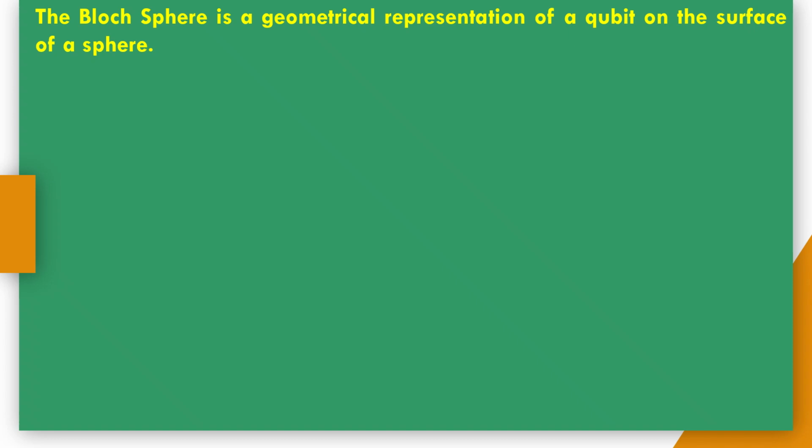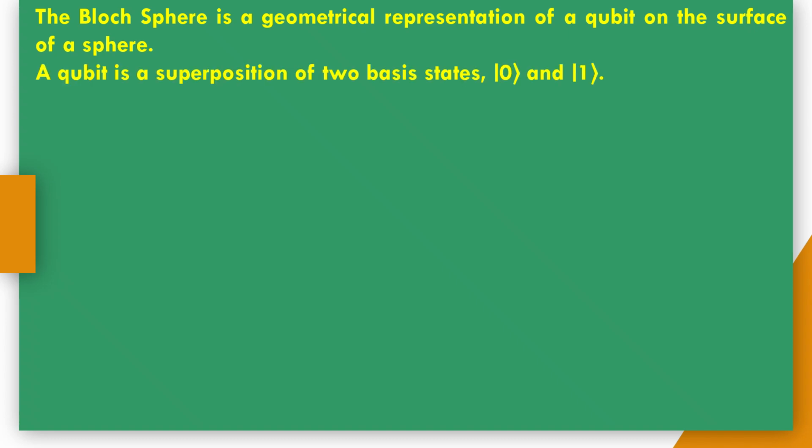Therefore, the Bloch sphere is a three-dimensional geometrical model used to represent the state of a single qubit, as points on the surface of a sphere. As discussed, the qubit is a superposition of two base states, 0 and 1: psi equals alpha 0 plus beta 1.